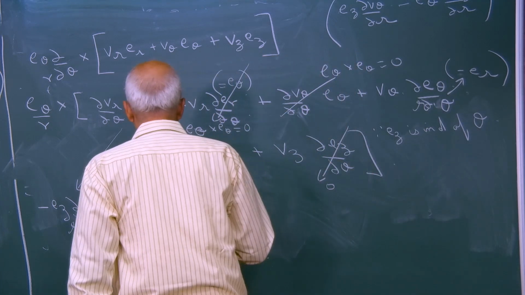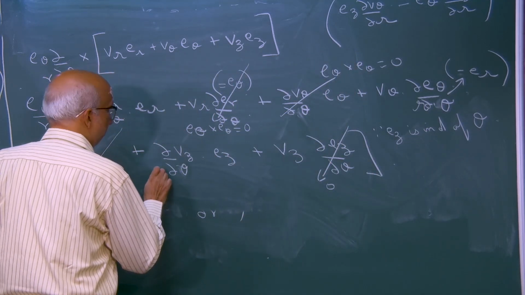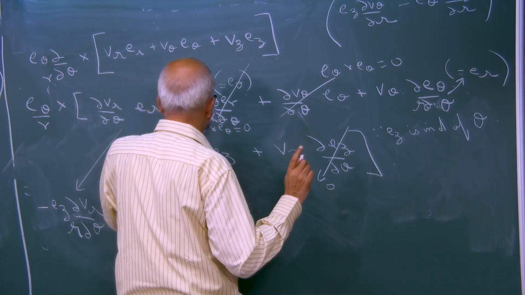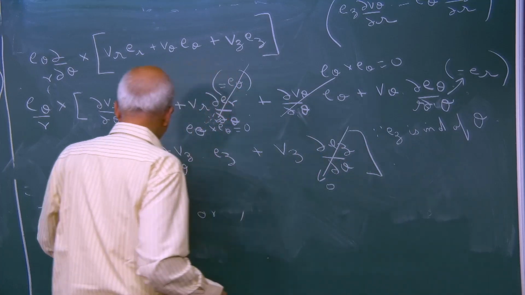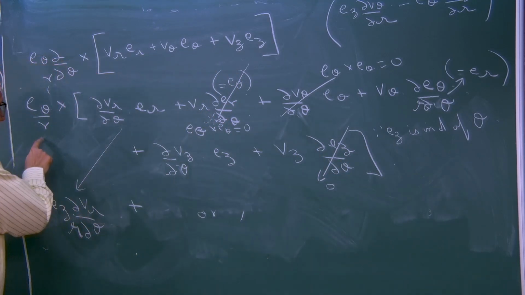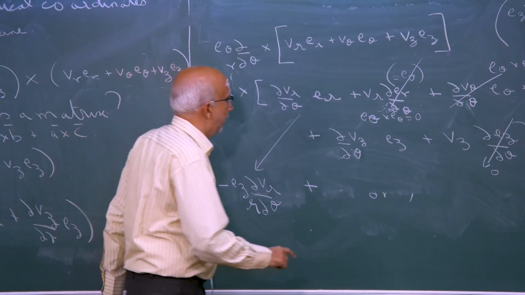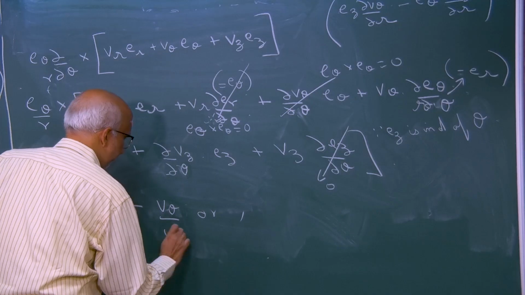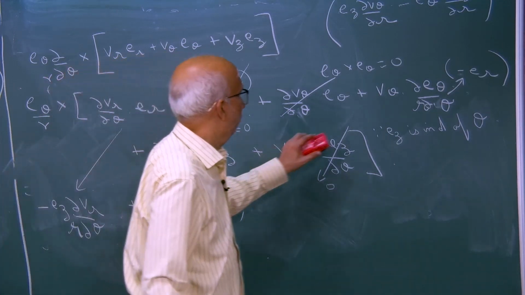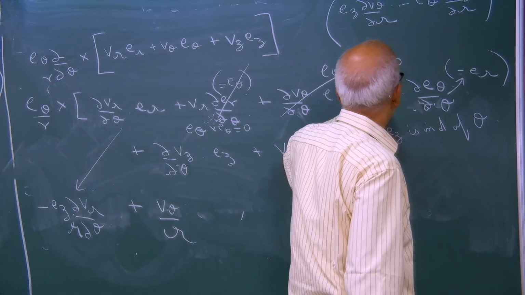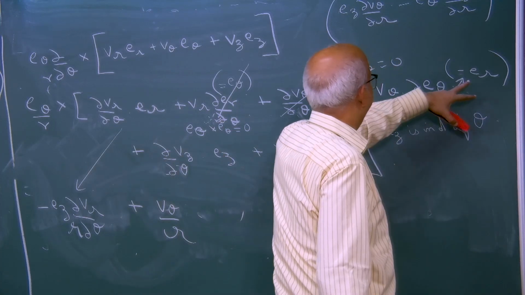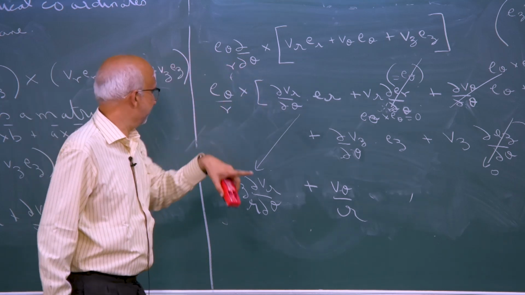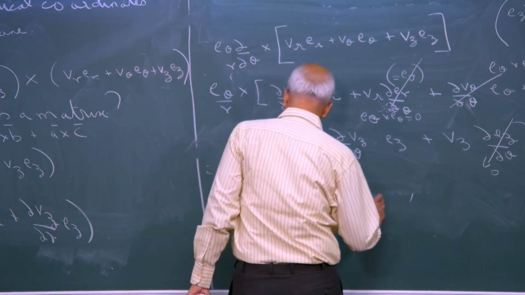I have to put the R here now because the R is outside, sorry. So, this is going to be V theta by R. No, don't put any extra R unnecessarily. So, V theta by R times minus ER, and E theta cross ER is minus Ez, so this will be plus Ez.